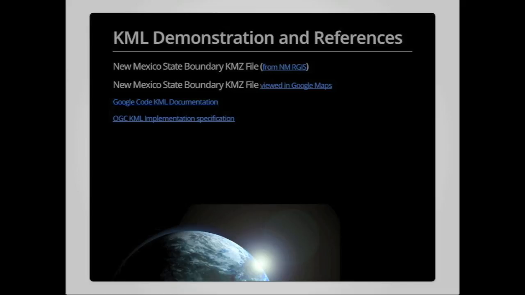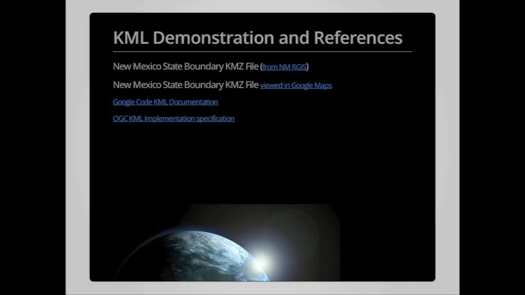So if we first want to take a look at a KMZ file that is coming from the New Mexico Resource Geographic Information System, I can click on this link, which in this case will then download that file to my system.